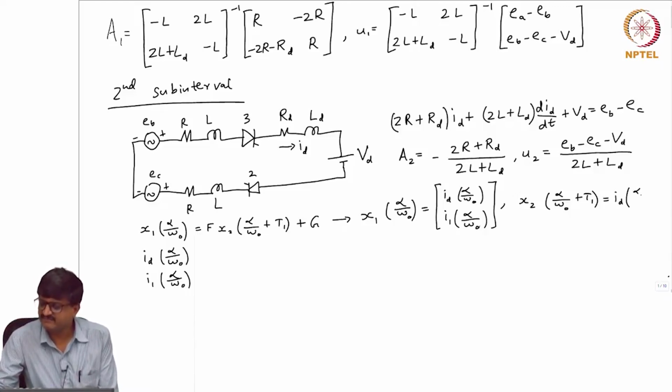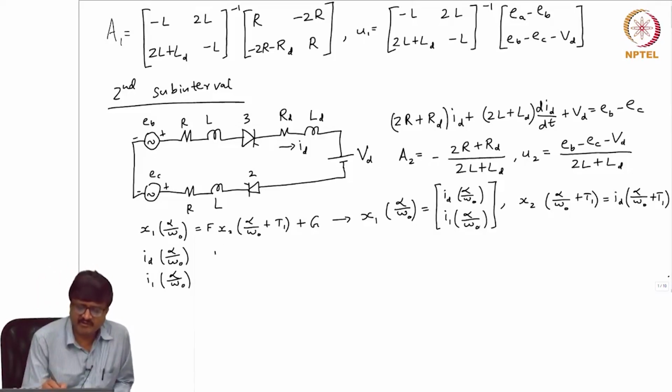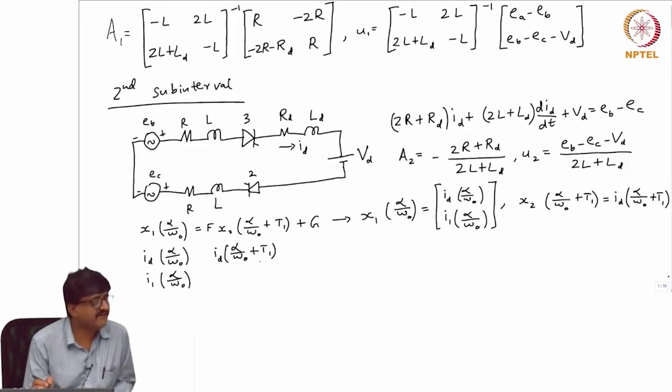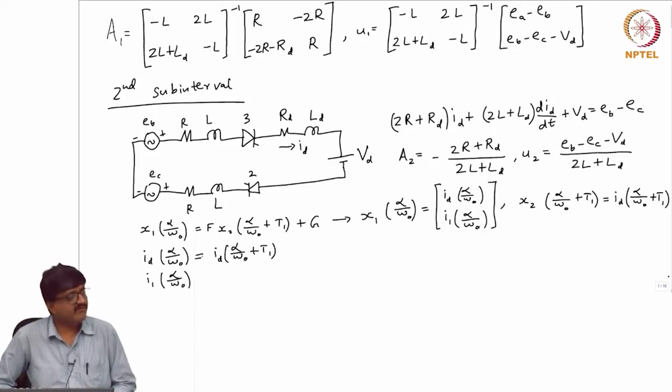ID at alpha by omega O plus T1. Can I relate ID at alpha by omega O and ID at alpha by omega O plus T1? They are the same. Why? Because it is periodic. ID is a DC side current, so the period of ID is T1.